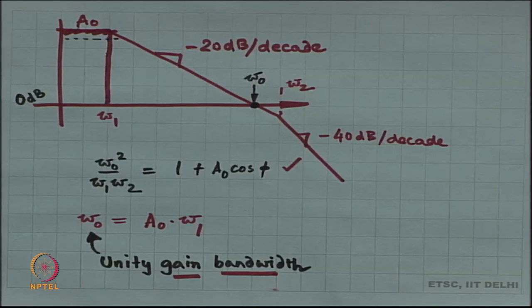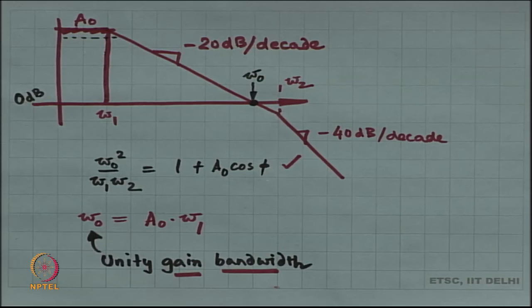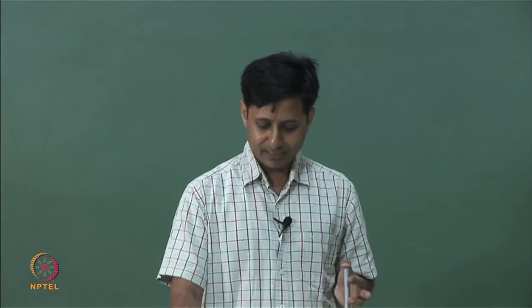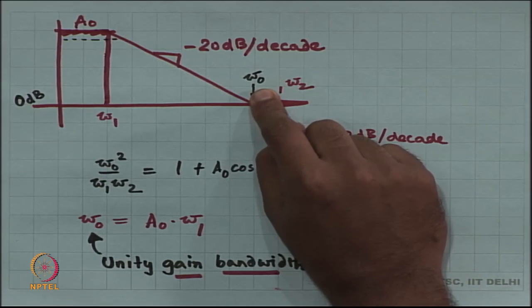So, another way of saying the same thing is that gain times bandwidth is omega naught. All right. So, there are many ways of calling this. As far as amplifier design is concerned, we typically specify the unity gain bandwidth, the frequency at which the gain drops to 1.